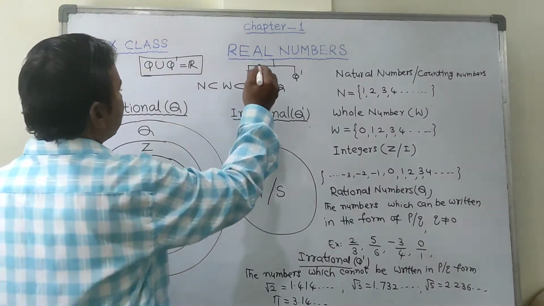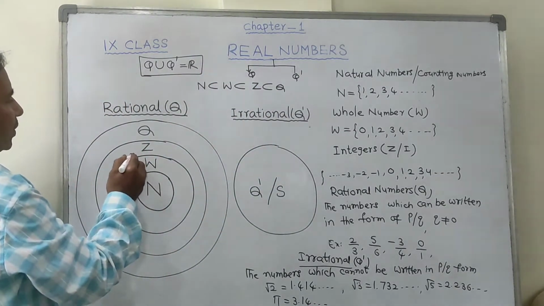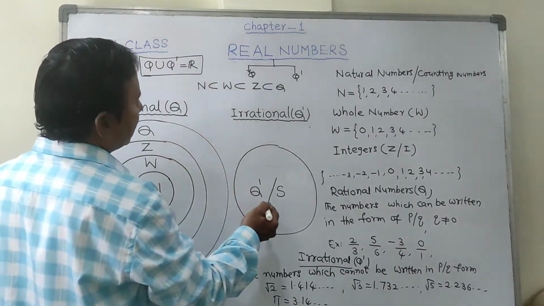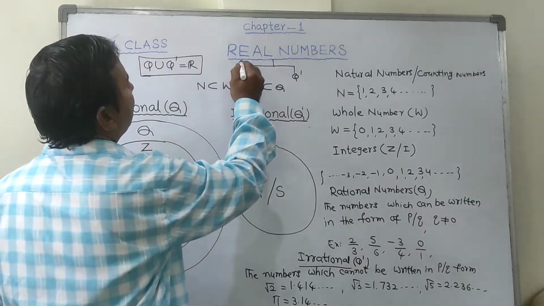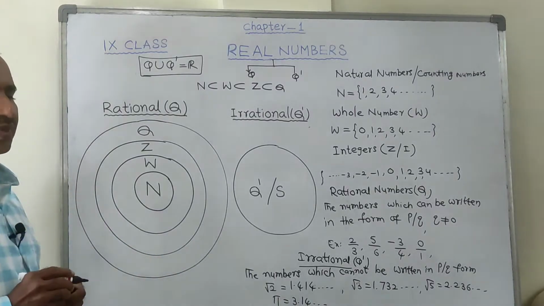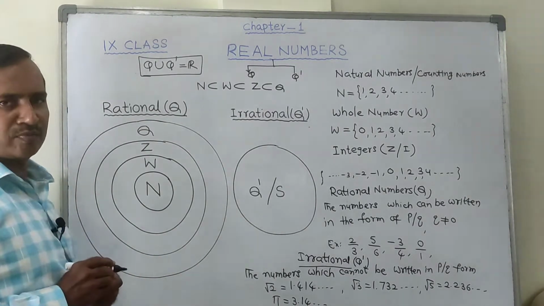Means under real numbers any number may come: natural number, whole number, integer, rational number as well as irrational number. Any number may come under the part of real numbers, represented with R. So this is the introduction of the real numbers.